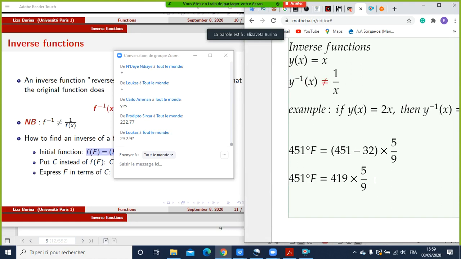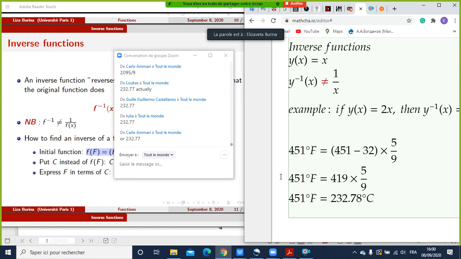It might very well be 419 times 5 divided by 9, which is about 232 degrees Celsius. Okay, great. Perfect. Thank you very much, everybody.